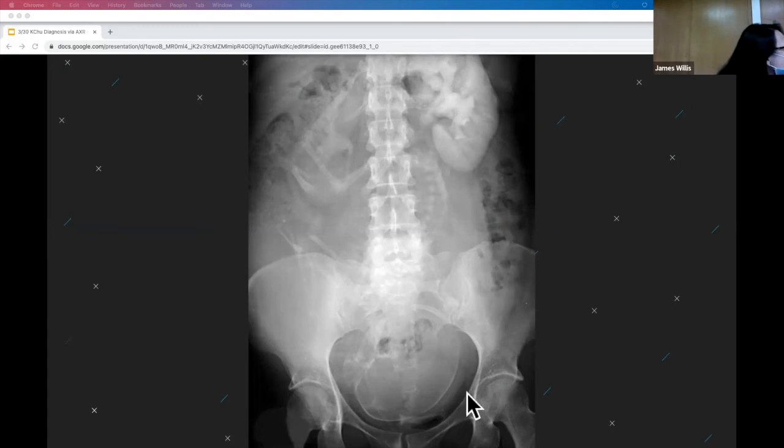What do you see here? It's a baby. There's a baby in here. Yes. Yes.